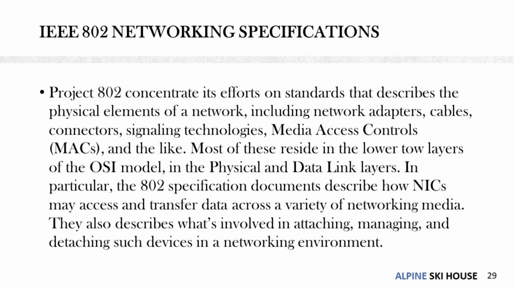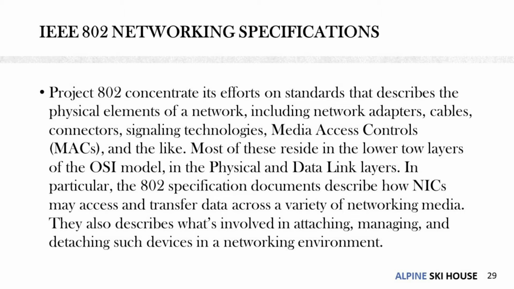Most of these reside in the lower two layers of the OSI model, the physical and data link layers. In particular, the 802 specification documents describe how the NICs may access and transfer data across a variety of networking media.